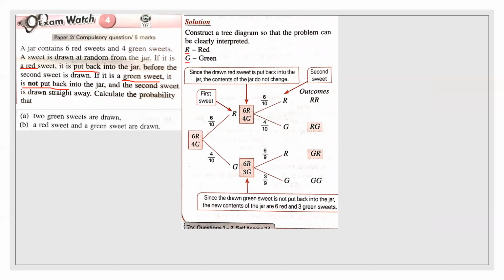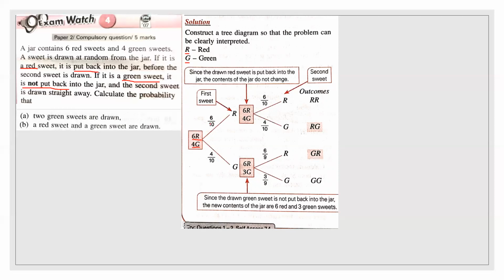At first we have 6 red and 4 green, right? So we have a 6 out of 10 probability that our first sweet is red, and a 4 out of 10 probability that our first sweet is green.